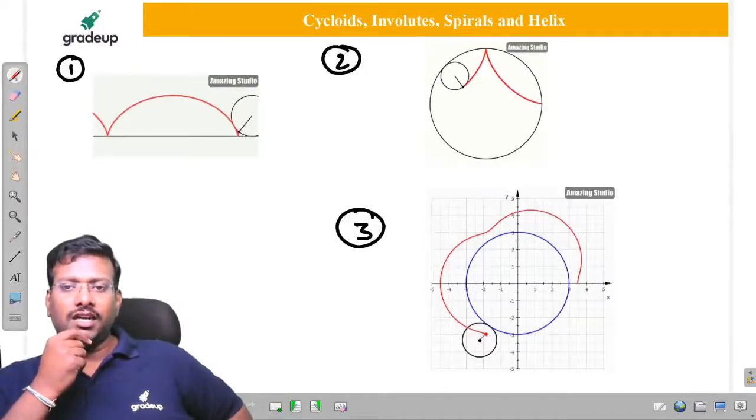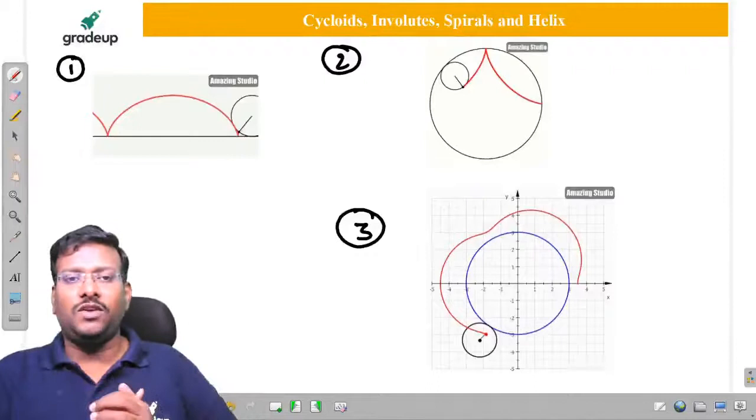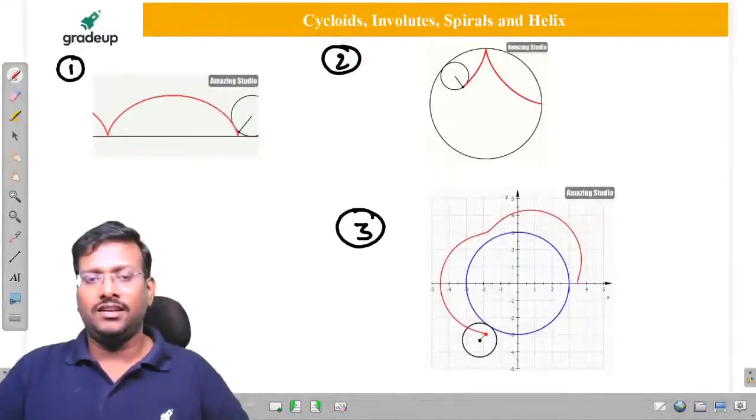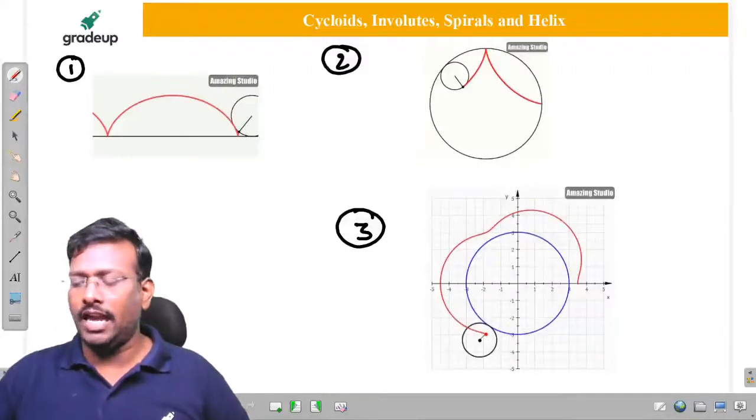What is the answer? First one is which curve? Second one is what curve? Third one is which curve? Maybe typing it will take time. I will accept it.